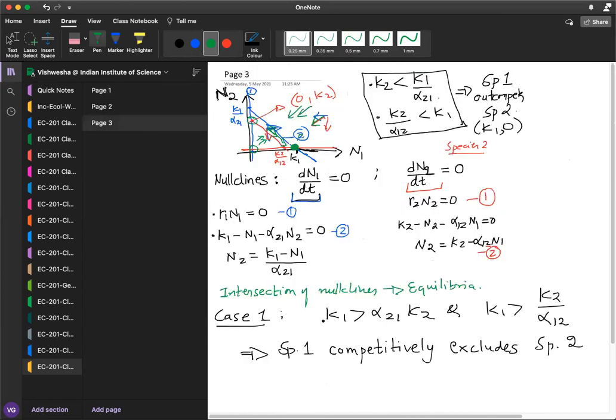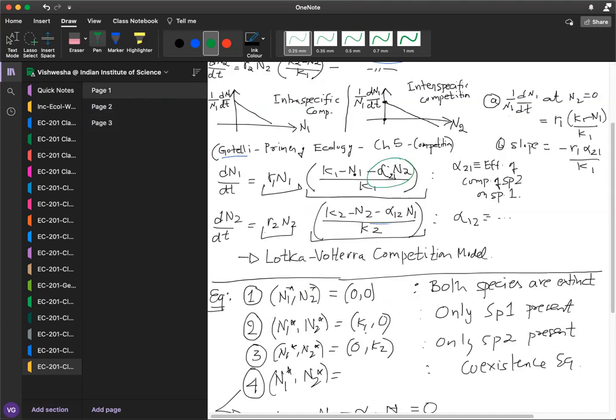What this condition means is that the carrying capacity of species 1, K1, is so large that it is still better than the competitive effect of species 2. Therefore, even when you introduce N1 in a very, very small quantity, K1 minus alpha 2-1 K2 is positive. Therefore, N1 can grow. Does it make sense?